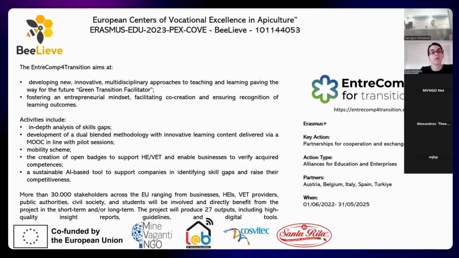The aim of this project is to develop new, innovative, multidisciplinary approaches to teaching and learning in order to pave the way for the future green transition, and also to foster an entrepreneurial mindset, facilitating co-creation and ensuring recognition of learning outcomes.